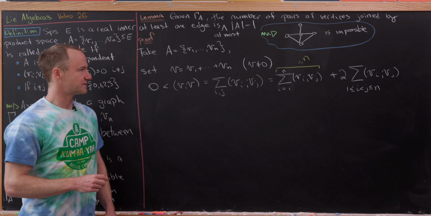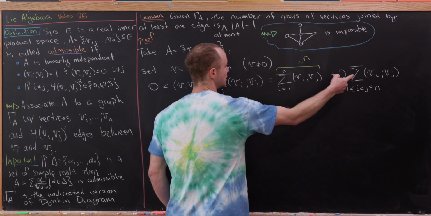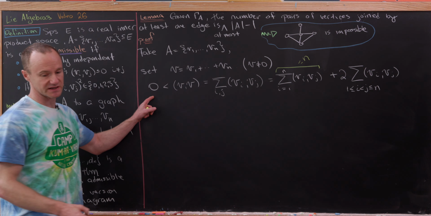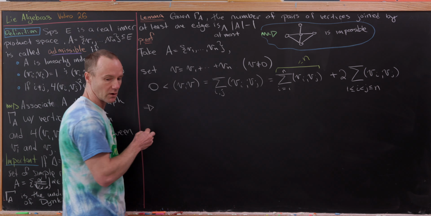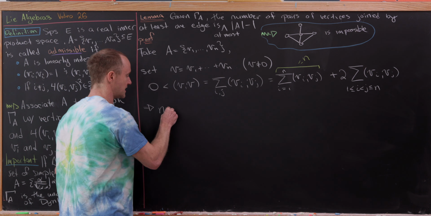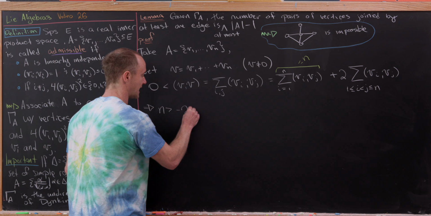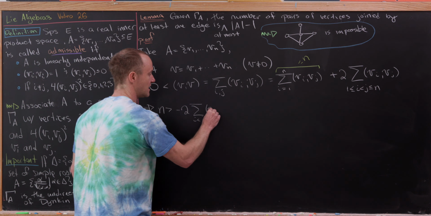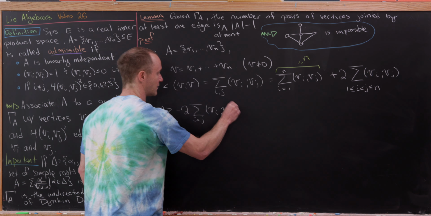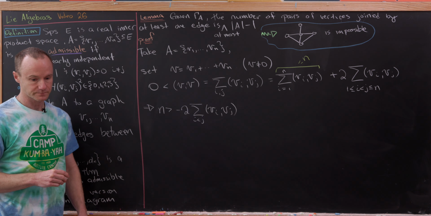But now let's observe, we've got n plus 2 times all of this stuff is bigger than 0. So that allows us to build the following inequality. So we have n is bigger than negative 2 times this sum over i less than j of this inner product of vi with vj.